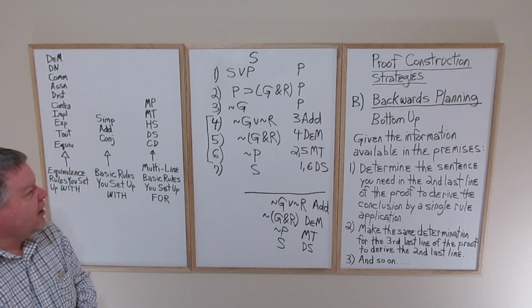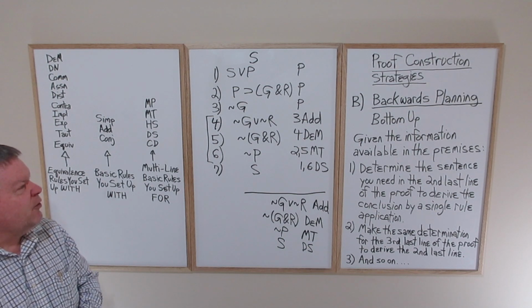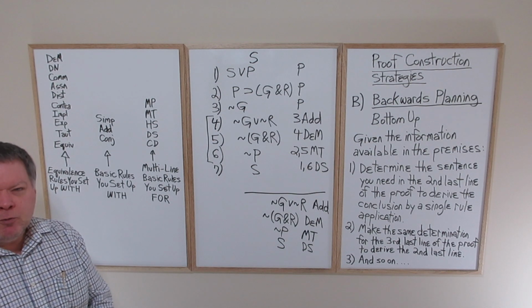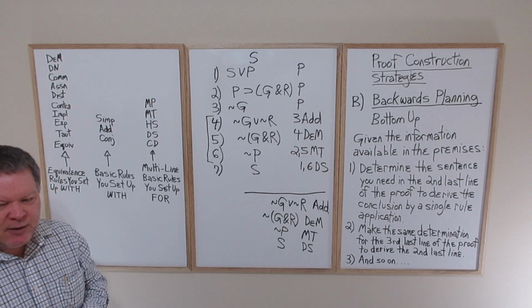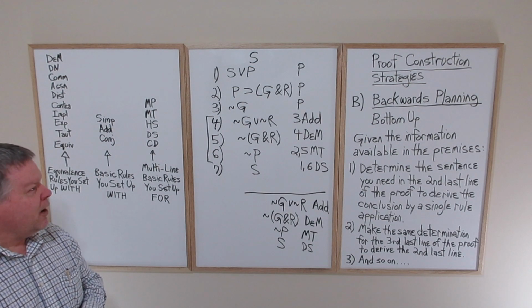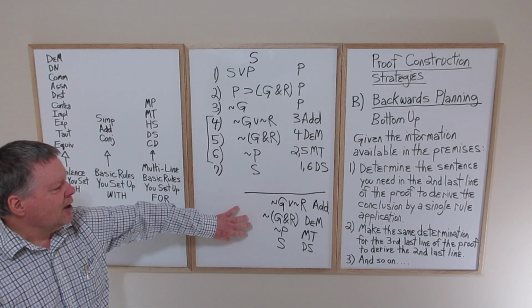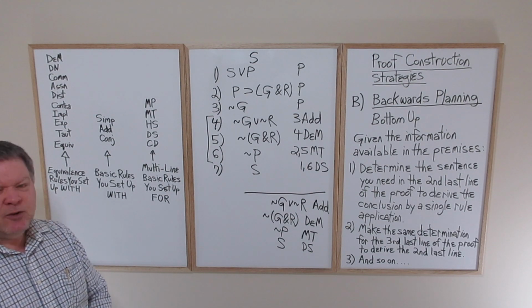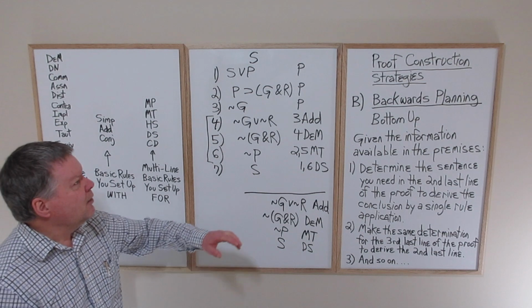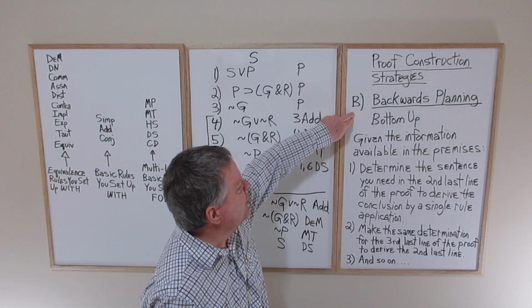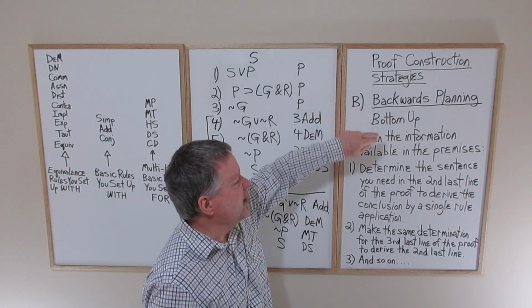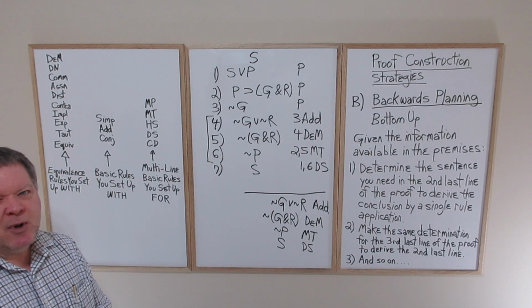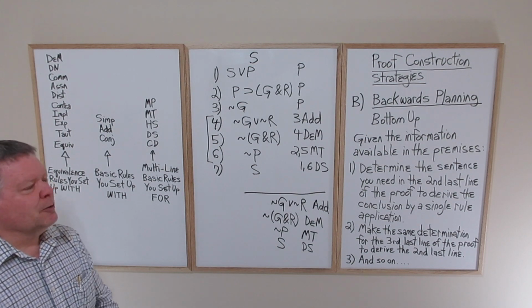Hopefully, if you're advancing enough in proof construction, you might have thought your way through how to construct this proof on your own without the backwards planning, but it is very important to be aware of the backwards planning strategy, because when proofs get longer and more difficult, this proof construction strategy, backwards planning, where you're planning from the bottom up instead of the top down, can make your life a fair bit easier.